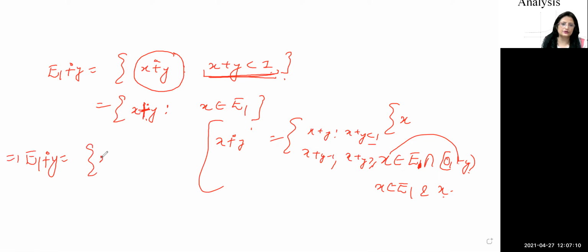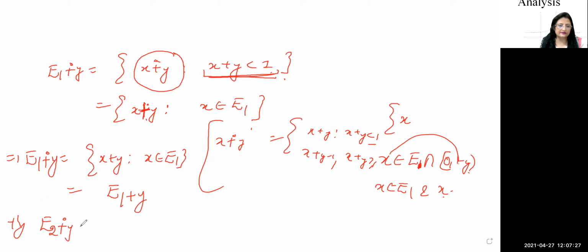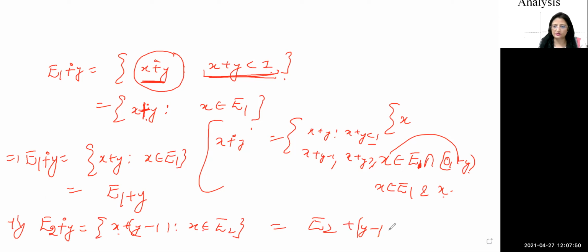तो लेस देन 1 के लिए यहाँ से आपका ये मॉडुलो का साइन हट जाएगा, so it implies e1 translate modulo is equal to x plus y, ये वैल्यू बेटा हमारी this value we have got, and this is nothing but e1 plus y, translate modulo of e1. Similarly, on the parallel ground we will calculate e2 plus y. सेम, जहां पे अगर यहाँ पे कंडीशन x प्लस वाई लेस देन 1 है, वहां पे आपकी x प्लस वाई ग्रेटर देन 1 आ जाएगी, और जब ग्रेटर देन 1 आ जाएगी तो उस हिसाब से मॉडुलो की वैल्यू आपके पास यहाँ पे आ जाएगी x प्लस वाई माइनस 1, x बिलोंग्स टू e2, सो दिस बिकम्स e2, x कहां से आ रहा है, e2 में से, ट्रांसलेशन कितनी हो रही है उसमें, y माइनस 1.